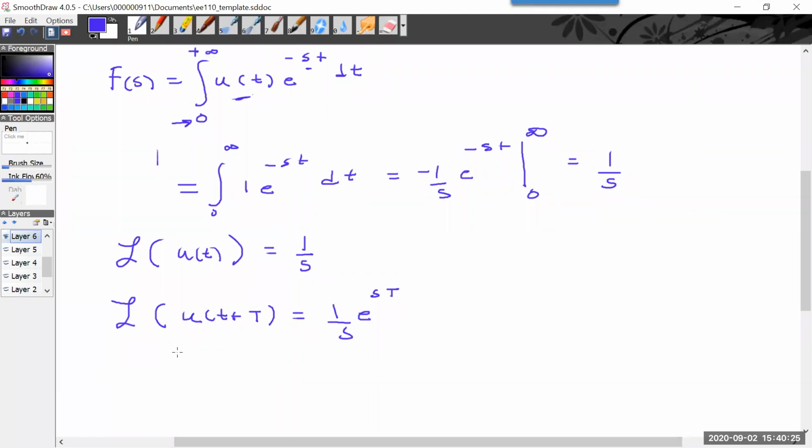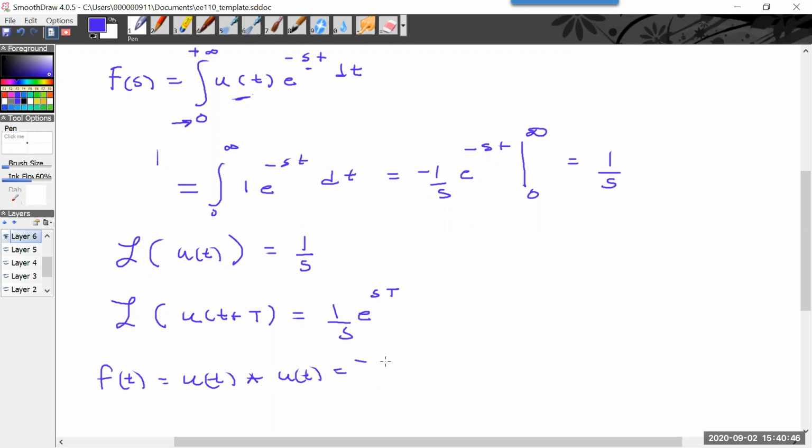All right. So now let's do the convolution of u(t) and u(t).